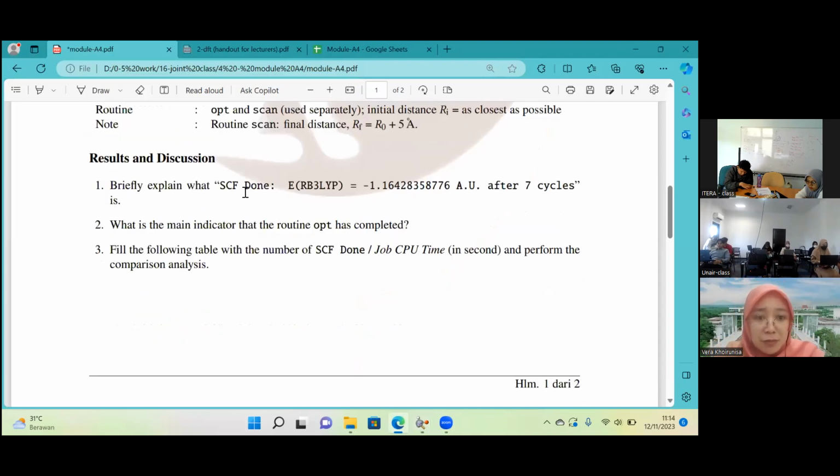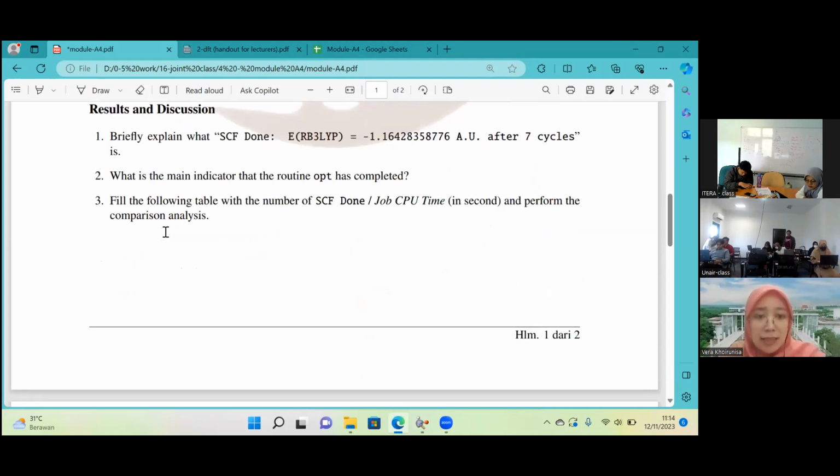So for the first one, it's already clear that you just explain the SCF done. And then the second one is to see what is the main indicator of the routine optimization has completed. What is the indicator? Just write down here.